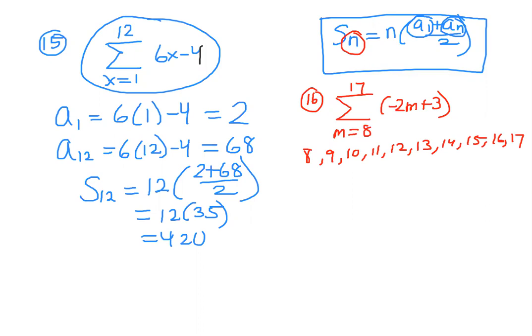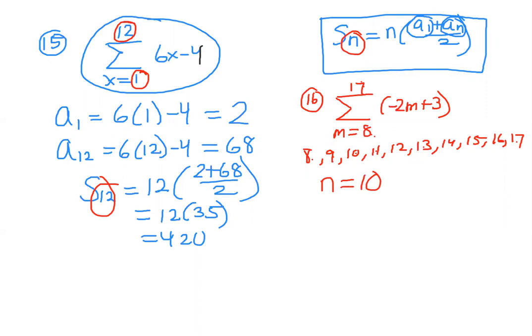We're adding up 1, 2, 3, 4, 5, 6, 7, 8, 9, 10. 10 terms. So we can't just take 17 minus 8. We have to take 17 minus 8 plus 1. Because look over here, 12 minus 1 is 11, but there's really 12 terms. So remember that you don't just subtract these. So our n is 10.